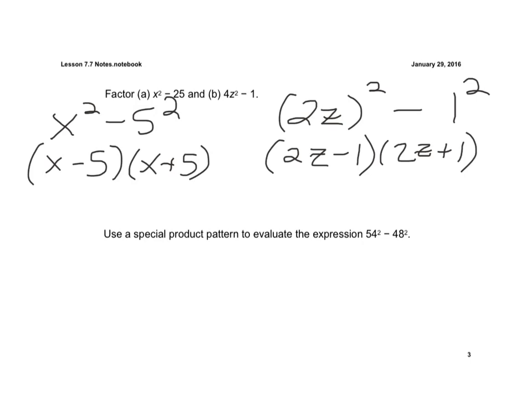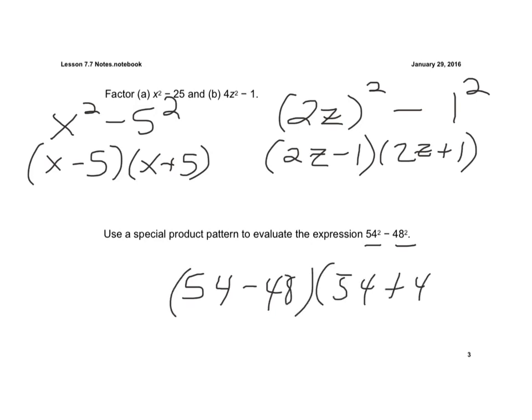Here they want you to use the pattern of a special product to find 54 squared minus 48 squared. Well, we could rewrite it as 54 minus 48 times 54 plus 48. 54 minus 48 is 6, and 54 plus 48 is 102.